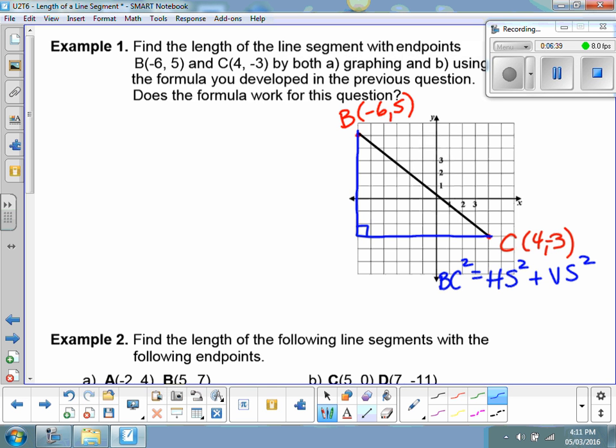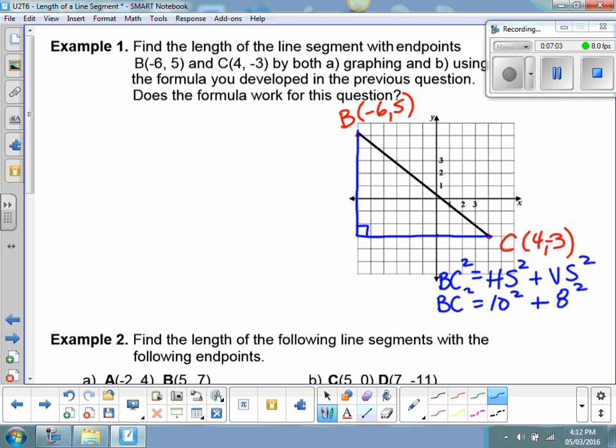The horizontal side here, if I count my way across, it's 1, 2, 3, 4, 5, 6, 7, 8, 9, 10. So that's going to be 10 squared. And if I count up the vertical, I end up with 8 for that.